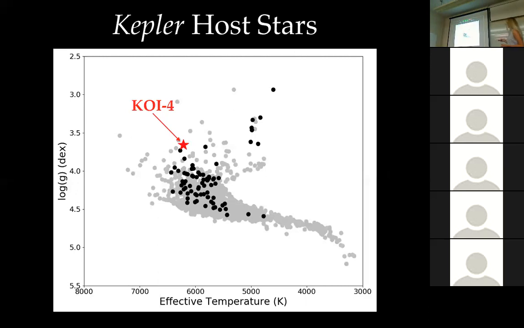Because it's rapidly rotating and a bit more massive, we believe that KY4 evolved from a little further up the main sequence and didn't have a convective envelope to effectively spin the star down through magnetic braking. This is, of course, interesting because I have detected solar-like oscillations, which demand near-surface convection. So at some point in its evolution, it acquired this convective envelope, which of course has implications for the planets that orbit it as well.